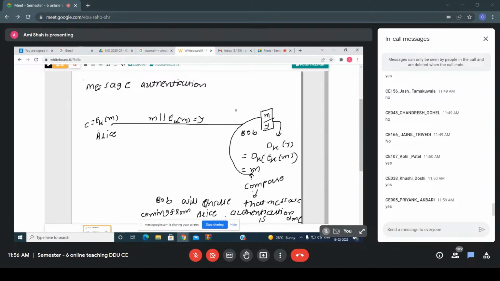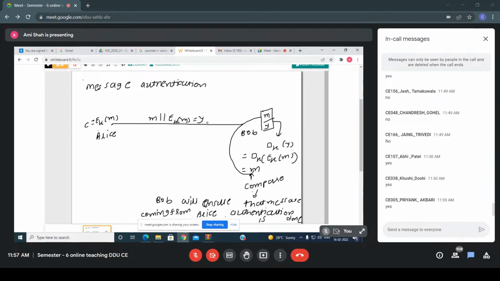Message authentication. But now in this concept, some issues arise. The message, along with the encrypted message, is sent to Bob, so you can observe that the message is becoming public.